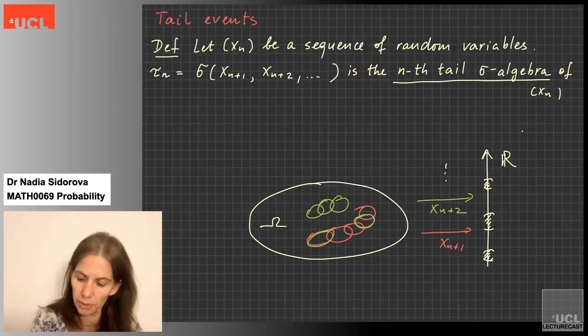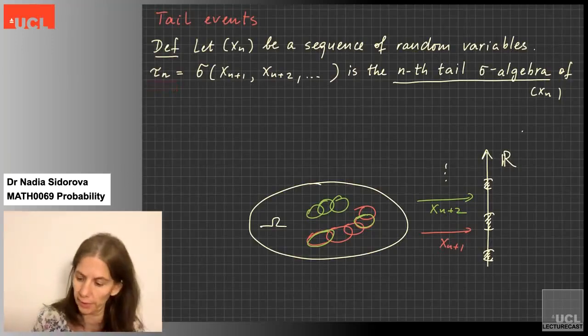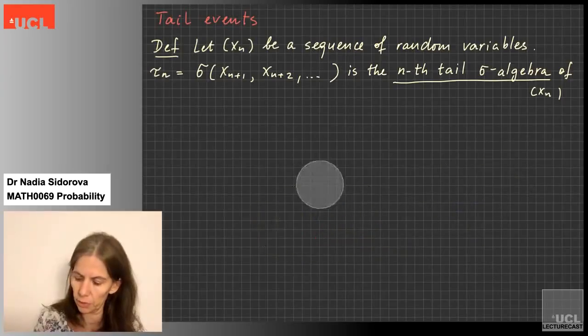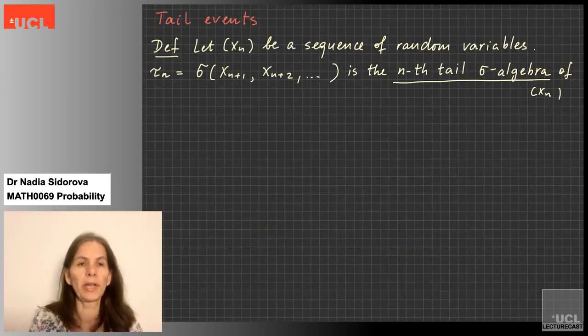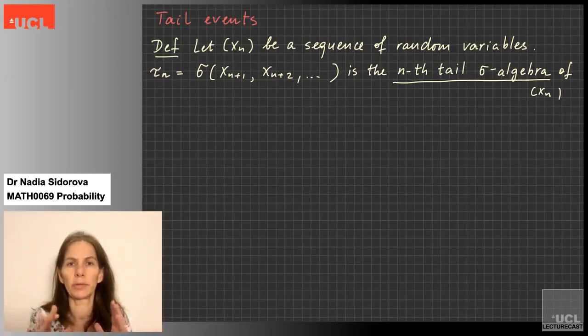And this is what tau n is. Okay, so now if we understand tau n, we also understand that they are getting smaller and smaller, right? Because when n grows, I'm throwing in fewer and fewer sigma algebras.